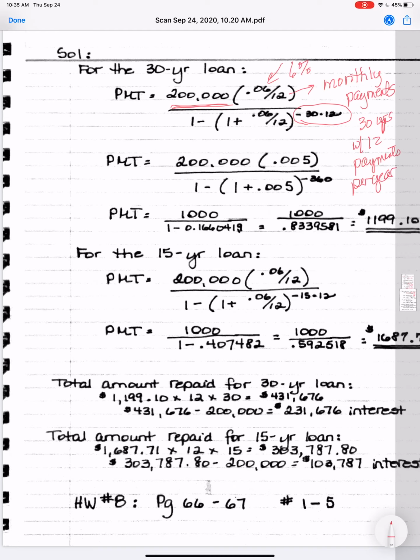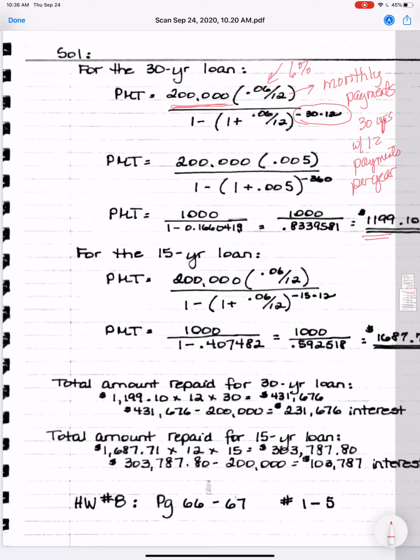So when we simplify all of that, we're going to have 200,000 times 0.005 divided by 1 minus 1 plus 0.005 raised to the negative 360th power, or 100,000 divided by 1 minus 0.1660419. And when you do all that arithmetic, you find that your monthly payment is $1,199.10.